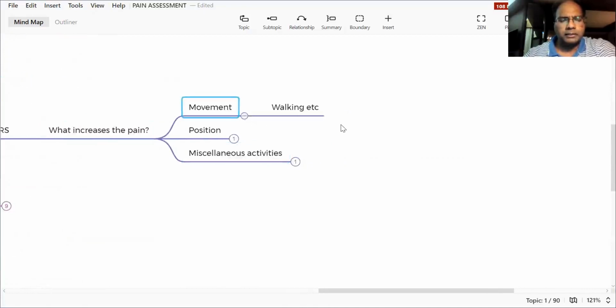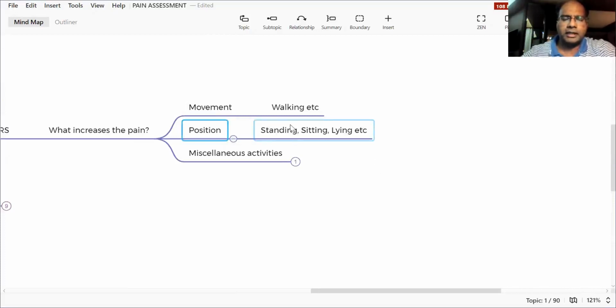The patient could complain that after walking for 10 or 15 minutes, the pain increases. Any position could increase the pain, like standing for a long time. He would say, if I stand for 15 minutes, the pain increases, or sitting for long, or lying down.